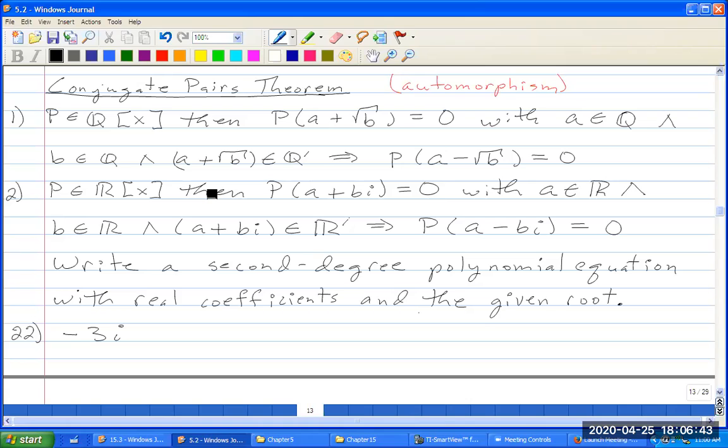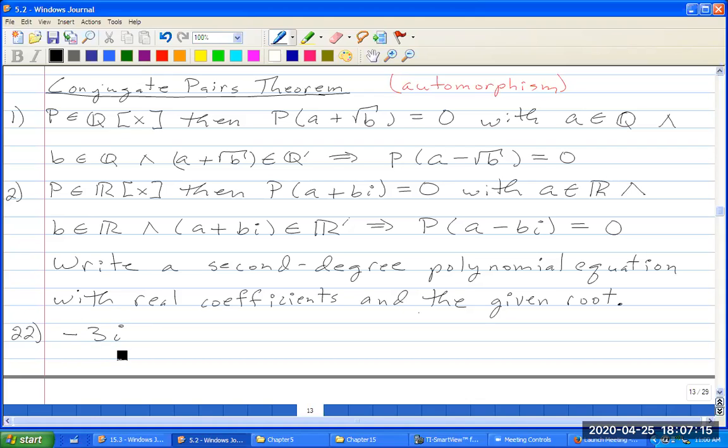Okay. So, write a second degree polynomial equation with real coefficients and the given root. So let's use this conjugate pairs theorem. We have real coefficients, so we're using this second statement saying that if I have real coefficients, then roots come in conjugate pairs.